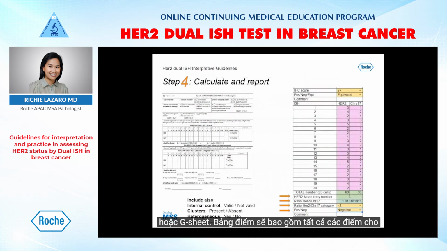The score sheet would include all the scores for the 20 or 40 or 60 nuclei scored, along with the mean HER2 copy number, the mean chromosome 17 copy number, the ratio of HER2 to chromosome 17, the status of the internal control, whether there are clusters, and whether or not there is presence or absence of heterogeneity.